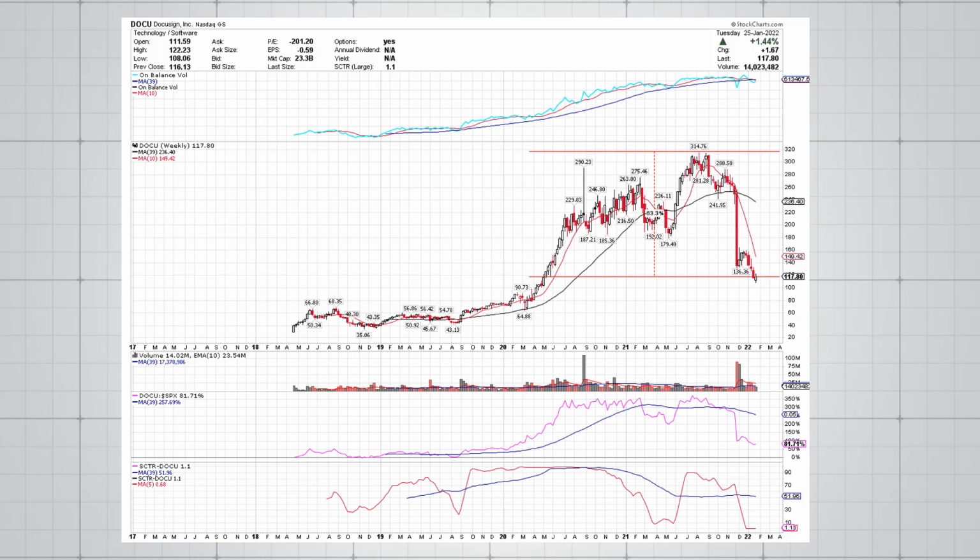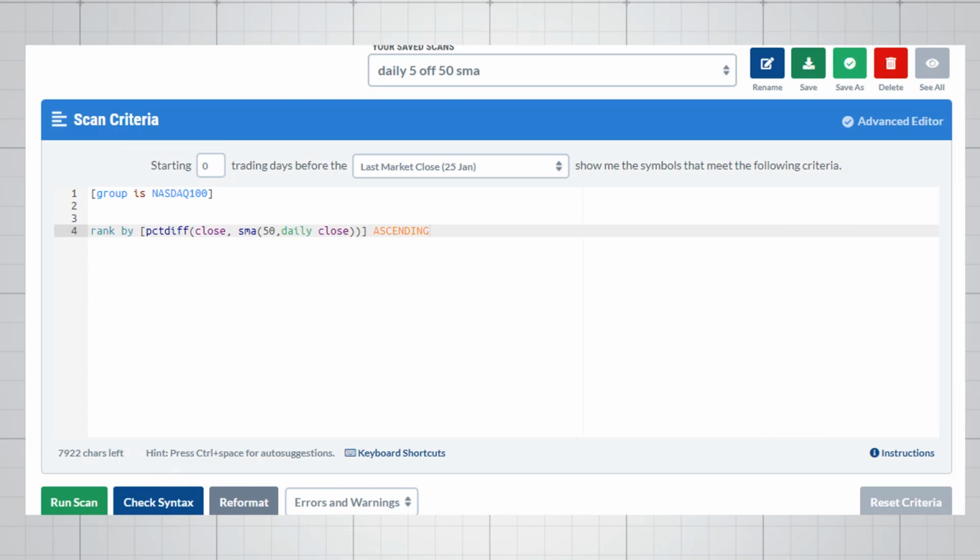We have another opportunity to use the percent difference rank by command, and that is relative to the 50-period moving average. So many technicians, institutions, IBD, all focus on distance to the 50-period moving average.